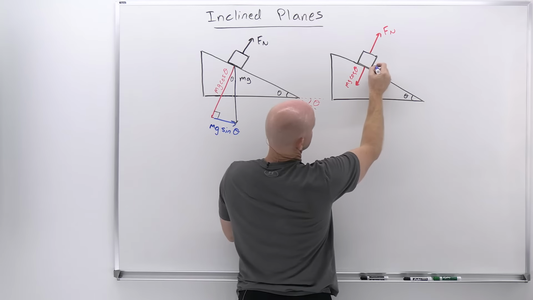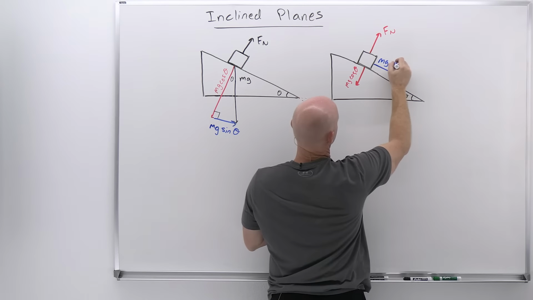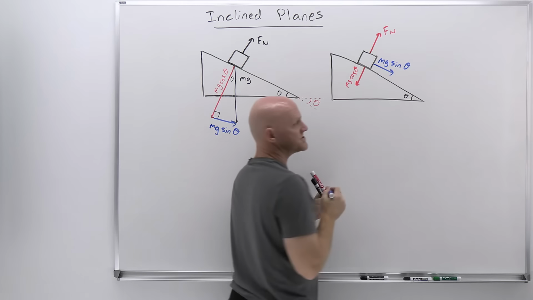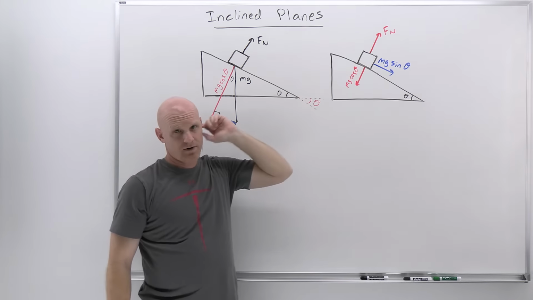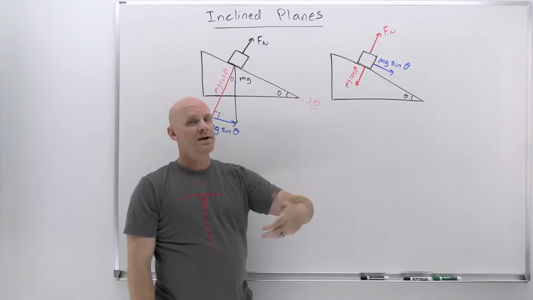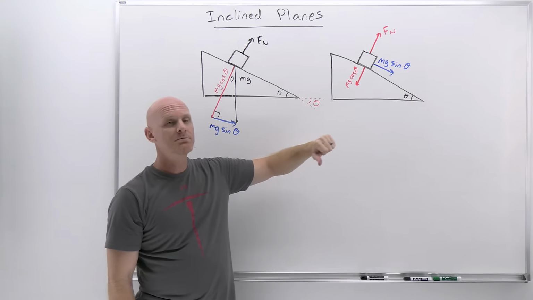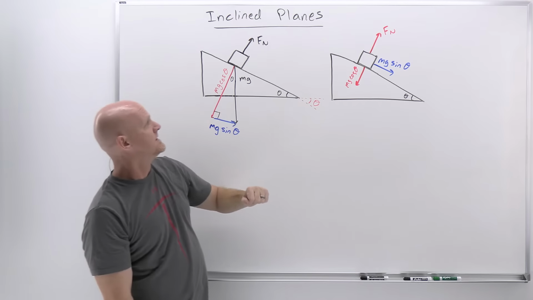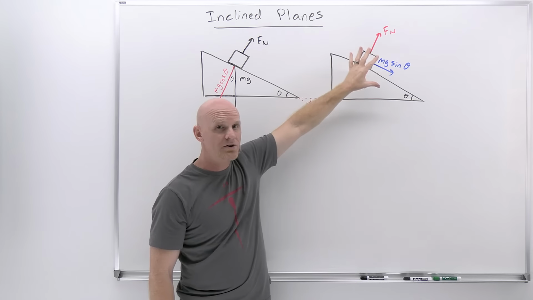And then pointing down the incline right here is mg sine theta. And so now, this is not a proper free body diagram, by the way. It's the one where the weight has already been broken up into components of the vector. And again, we don't want the weight by itself. That's not going to be in the direction of either of our new axes.